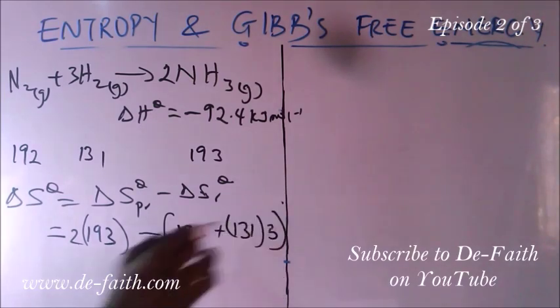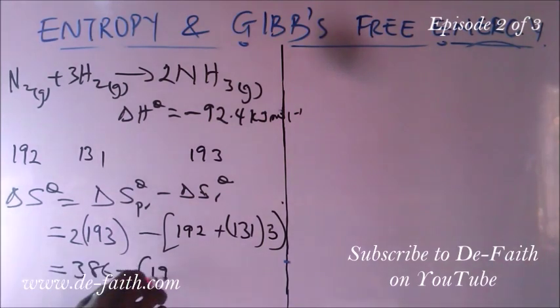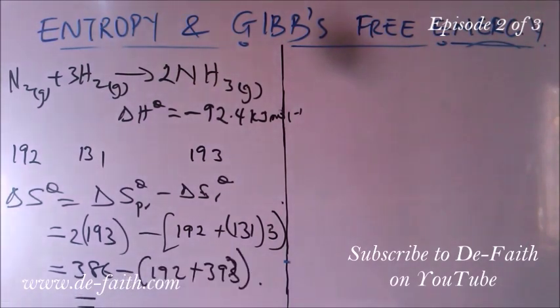We have 3 moles of it, so we multiply by 3. So this will produce 386 minus 192 plus 131 multiplied by 3, that gives 393. And when we add all this together, we'll have minus 199 joules per Kelvin per mole.